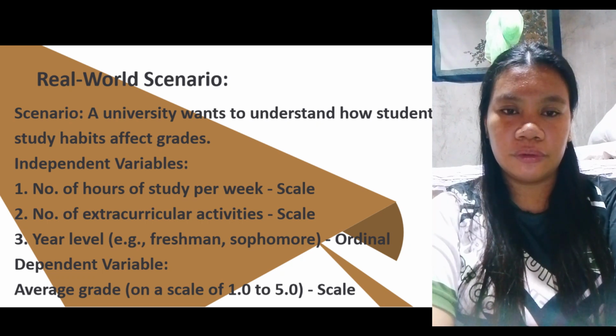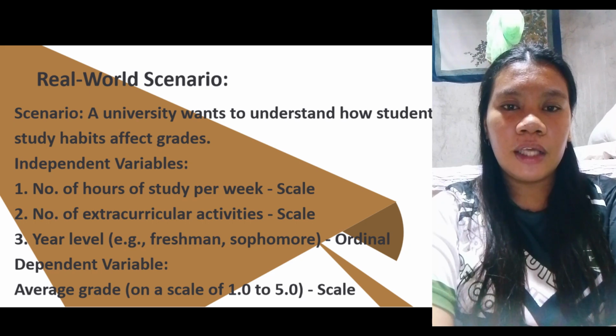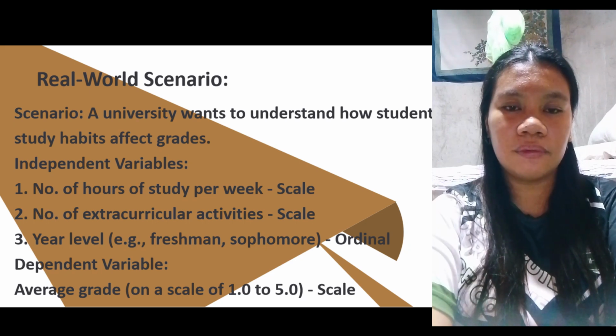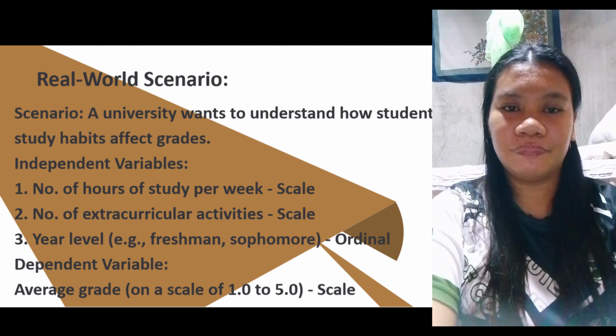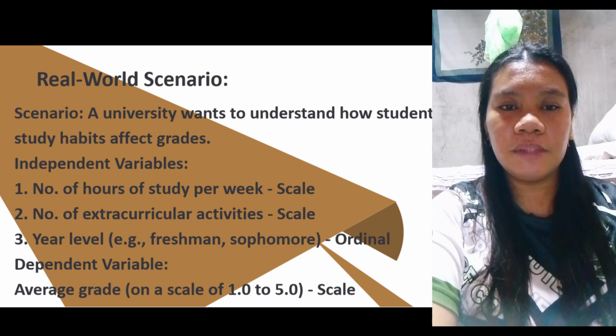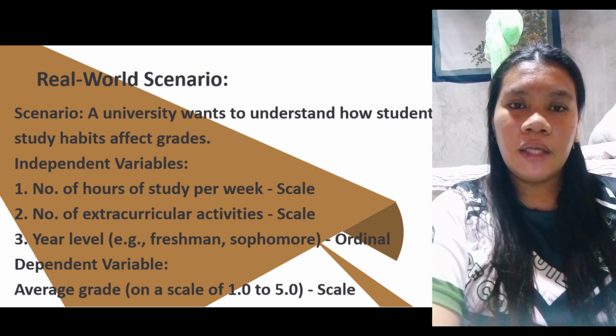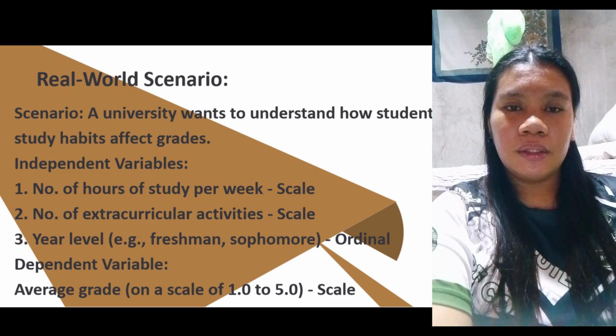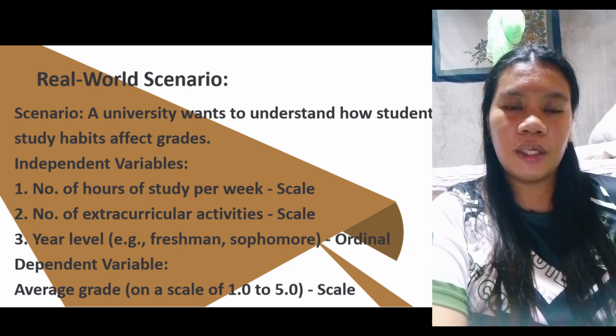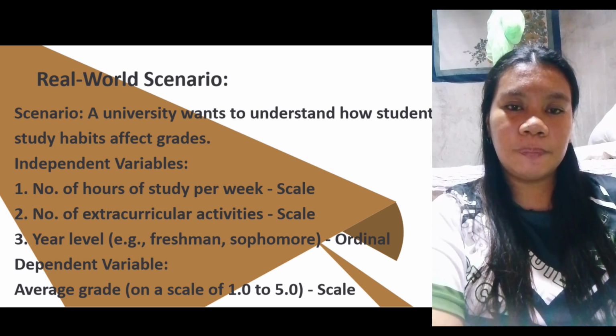Real world scenario. Here in a real world scenario, a university wants to understand how student study habits affect grades. For the independent variables, we have number one, the number of hours of study per week, the hours the student studies per week.